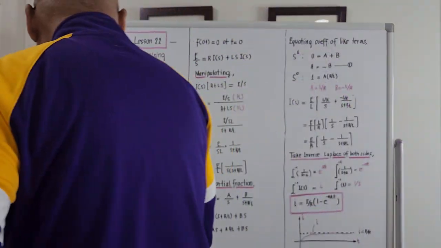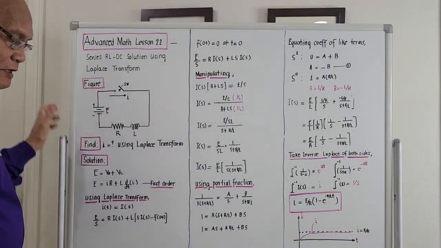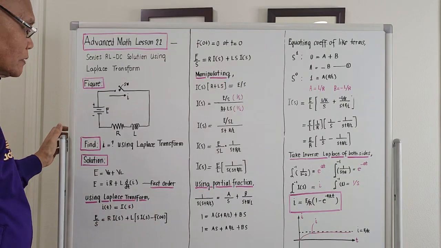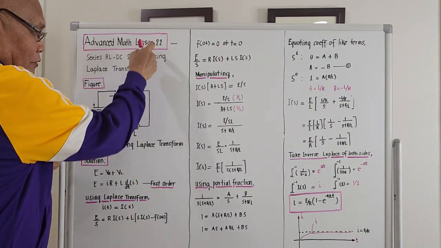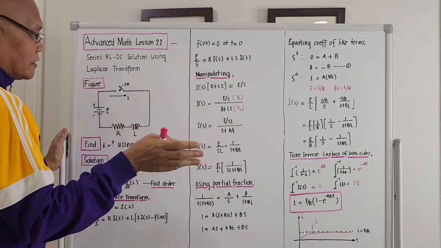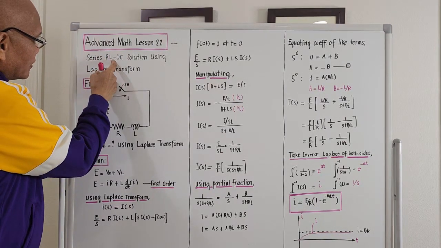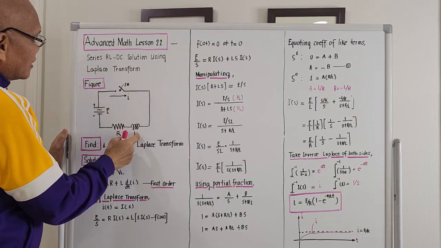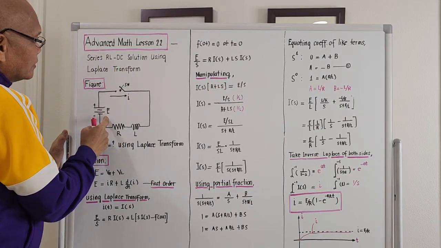My topic for tonight will be a circuit analysis problem using the so-called Laplace transform solution. So this is now advanced math, lesson number 22. This will be a circuit analysis. This is a series connection of a resistance and inductance, energized by a direct current source.